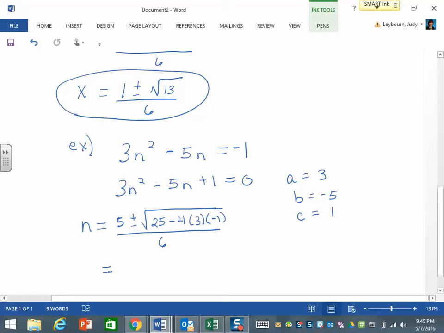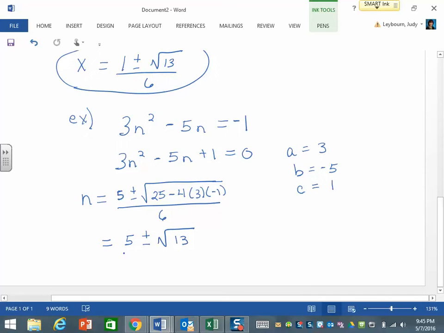And this time we would have 5 plus or minus the square root of 13, all divided by 6.